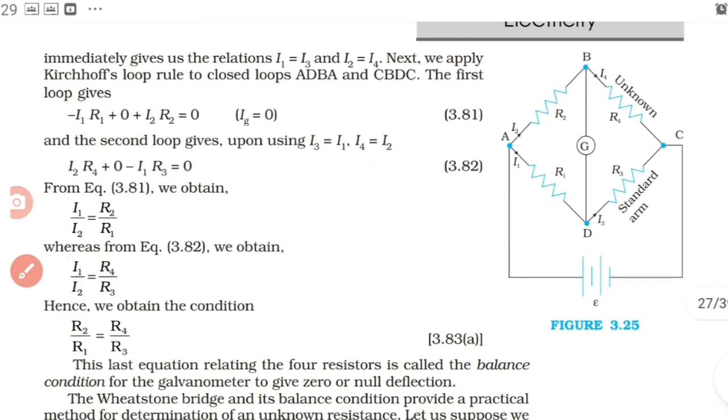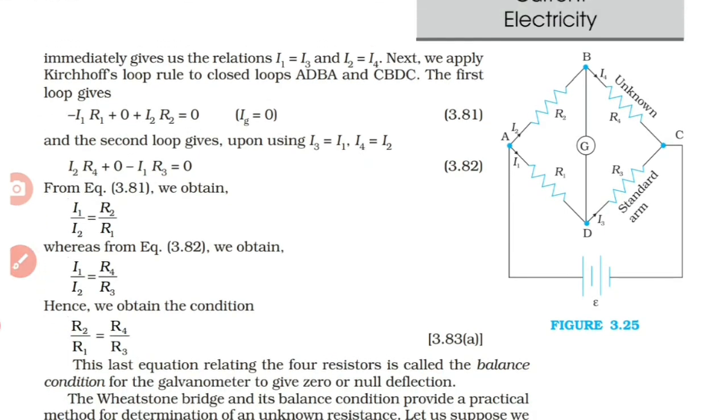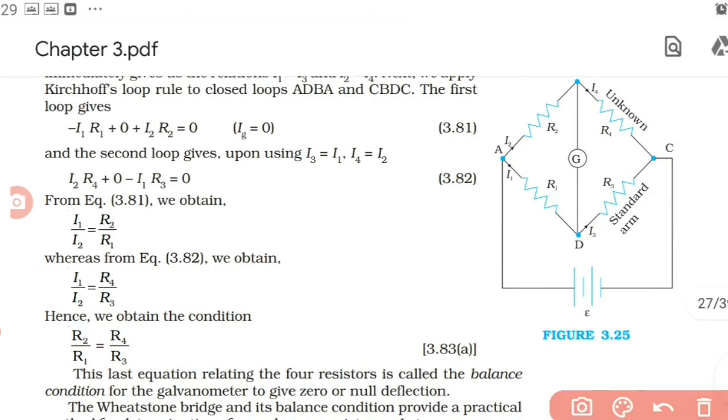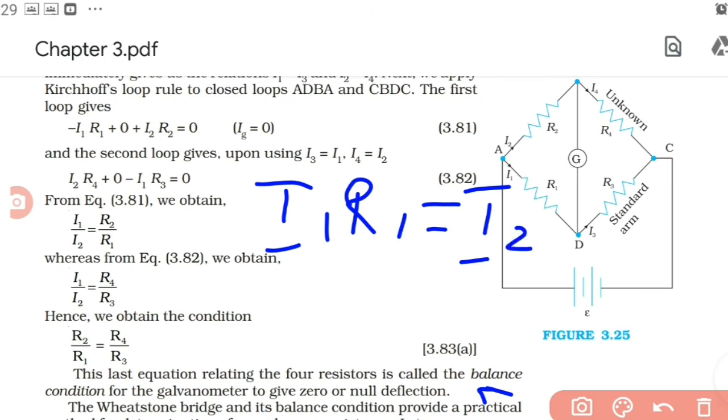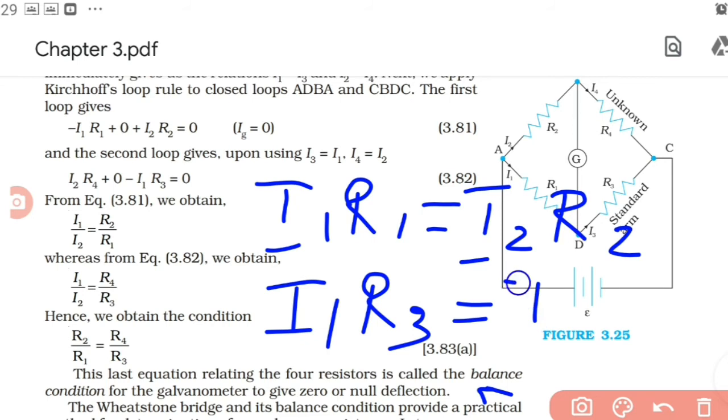On rewriting, we have I1 R1 is equal to I2 R2, okay, then I1 R3 is equal to I2 R4, rewriting those two equations.